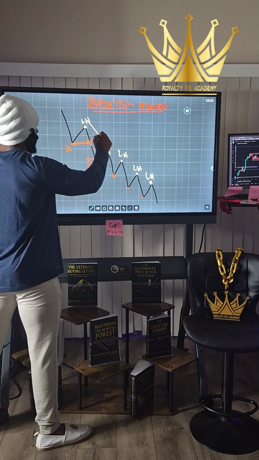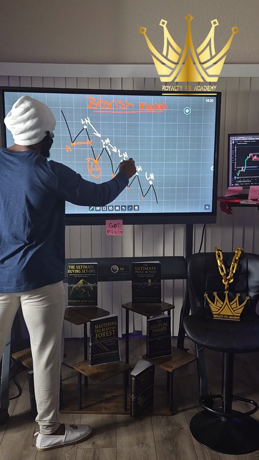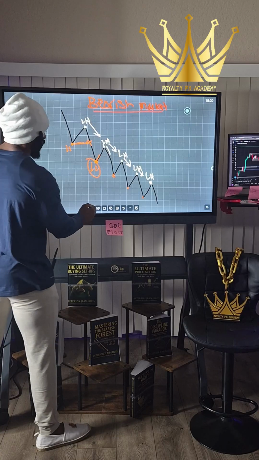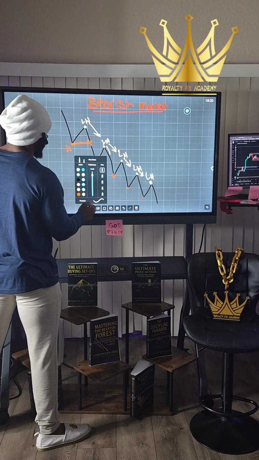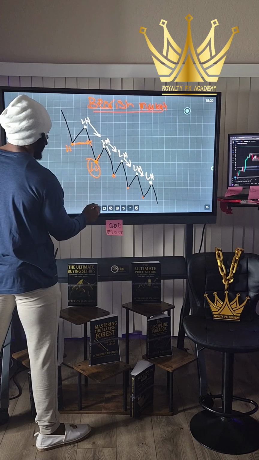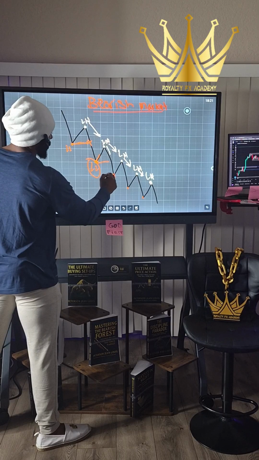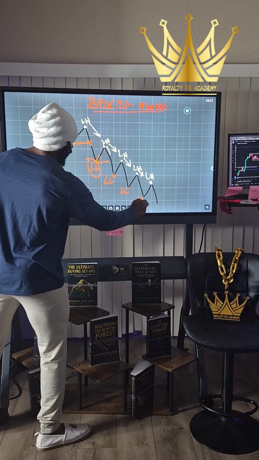If you pay attention, you notice how each high point is getting lower than the previous high point, right? It's going to keep on getting lower and lower. So each low is going to get lower, right? Same thing with the lower high. Now with the lower low, same concept. You notice that each low is getting lower than the previous low.